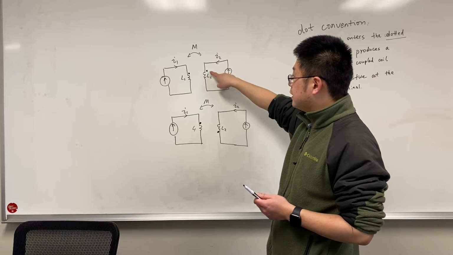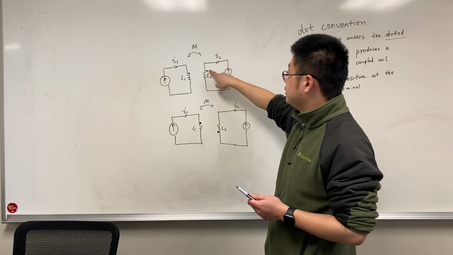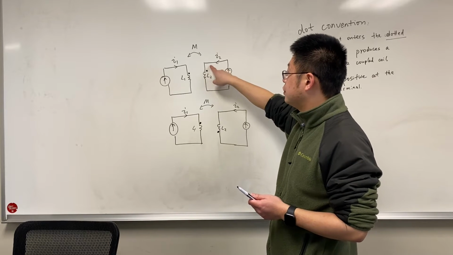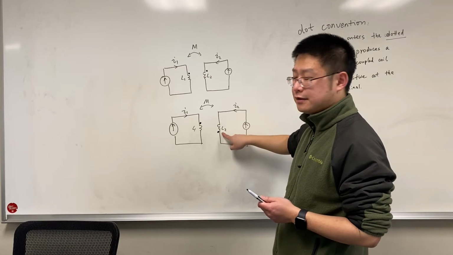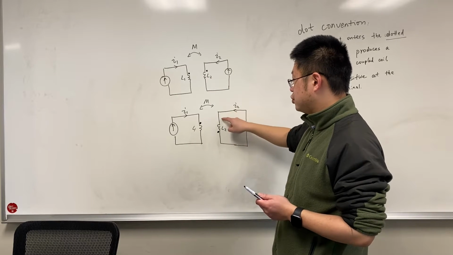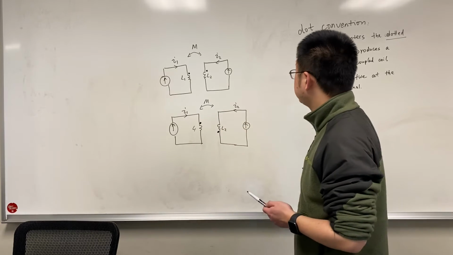So you can see that in the first example, the current I2 enters the dot. But for the second example, the current I2 is leaving the dot. That's the only difference.